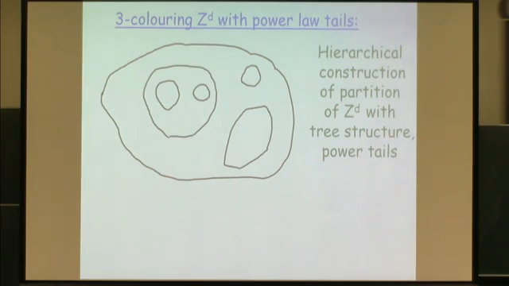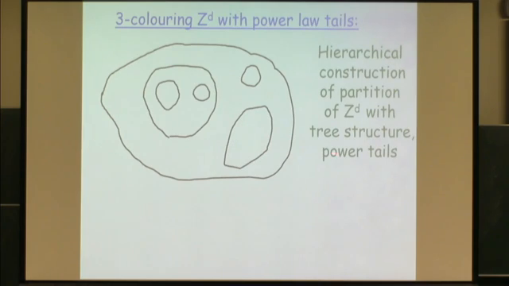We also managed to do it on ZD with only 3 colors, and this is considerably harder, but it's the same kind of idea. First of all, we define a hierarchical construction of a partition of ZD with a tree structure, a one-ended tree structure, kind of similar to the clusters.